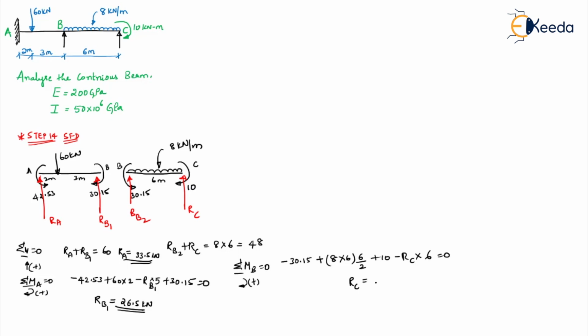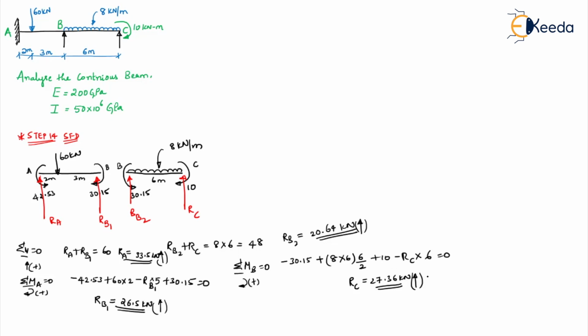So this will give you the value of RC, that's 27.36 kilonewton. Substitute this here, you will get your RB2. So what will be the value of RB2? 20.64 kilonewton. Observe all are positive values, so all will be upward. The direction we have assumed is correct.